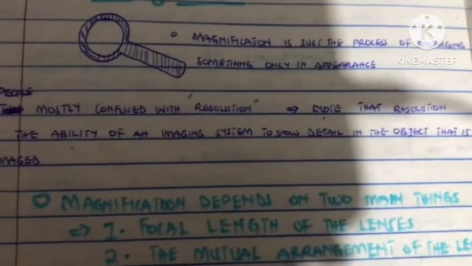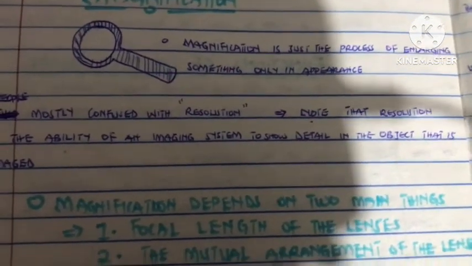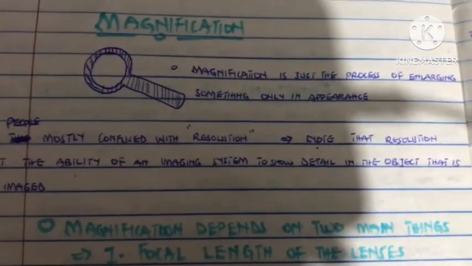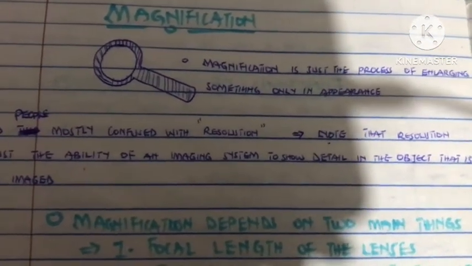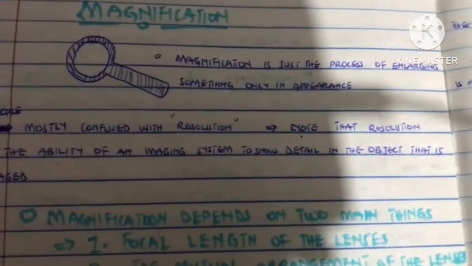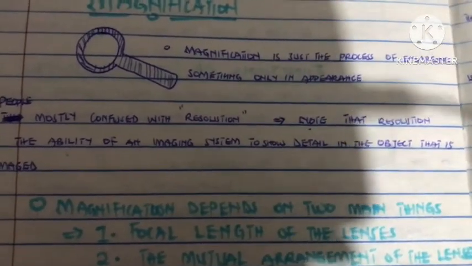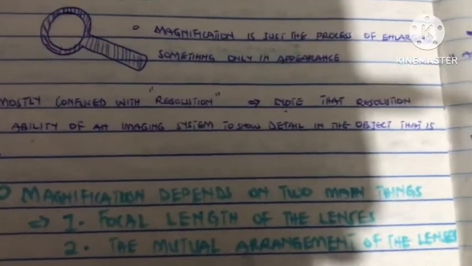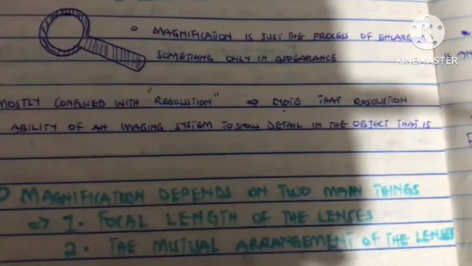Magnification depends on the focal length of the lenses, mainly the objective lens, but it can also depend on the eyepiece lens. It also depends on the mutual arrangement of the lenses. We'll look at these things in detail.